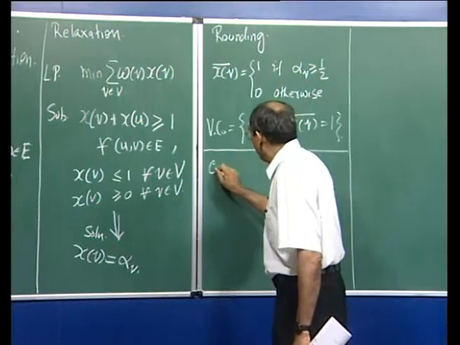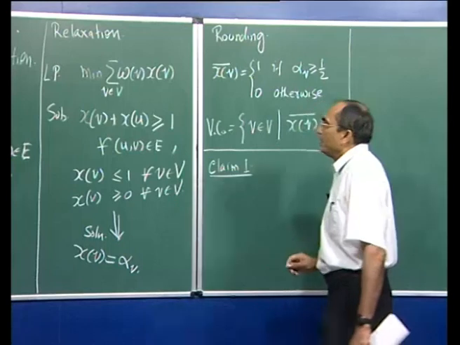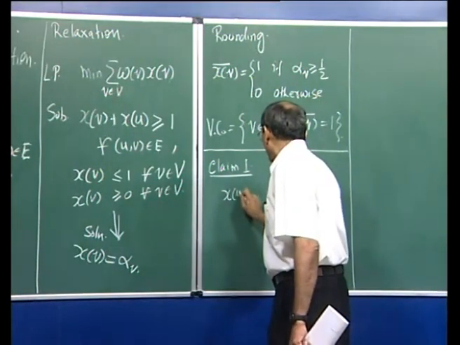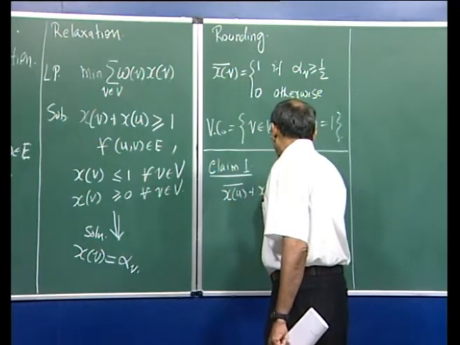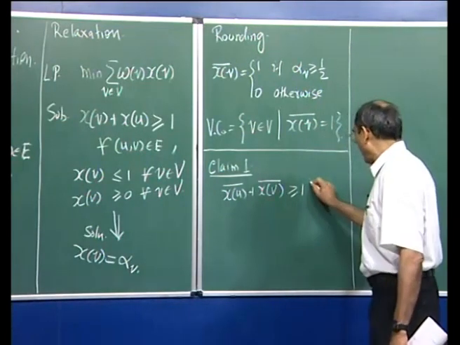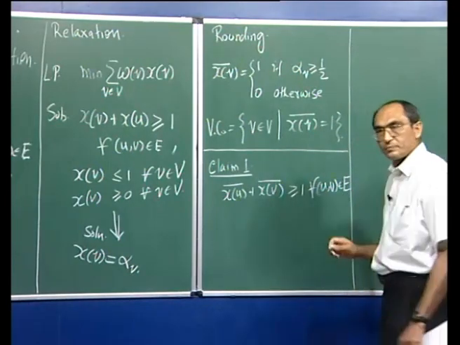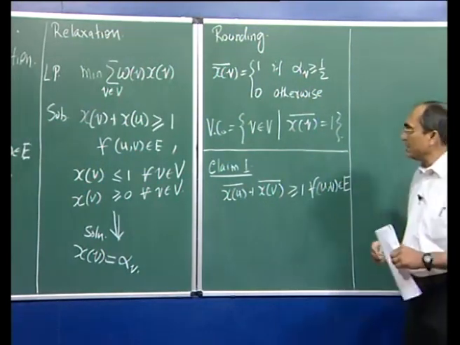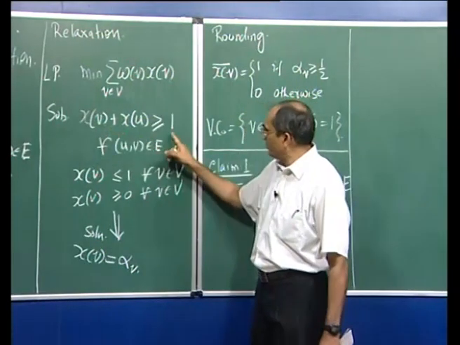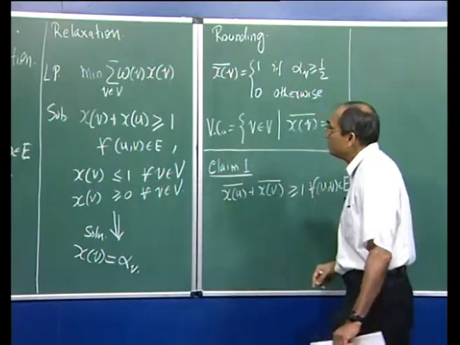So, claim 1 is that X_U bar plus X_V bar is still greater than or equal to 1 for all U, V in E. And the reason is very simple, that whenever this sum is at least 1, one of these must be at least half. Okay.